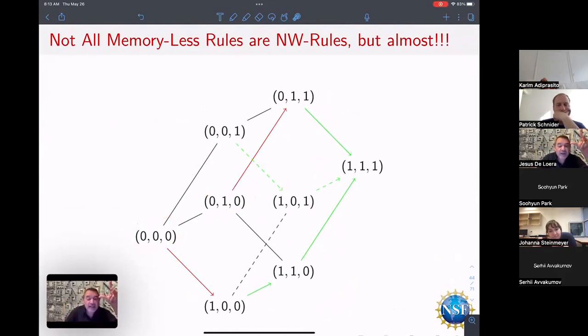And if the orthants are identical, you should expect that you make a consistent choice with respect to the adjacent vertices. But here it's not consistent. In this case it goes down, and here it goes up. So that's bad news, because not every memoryless pivot rule is an NW rule, but almost.